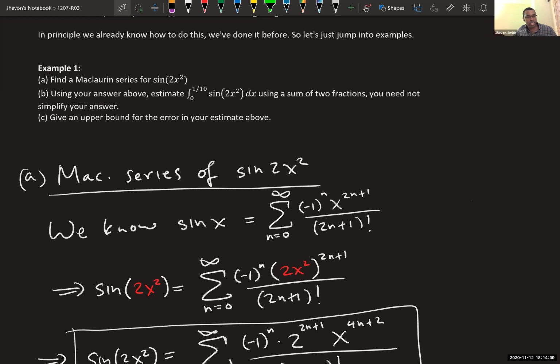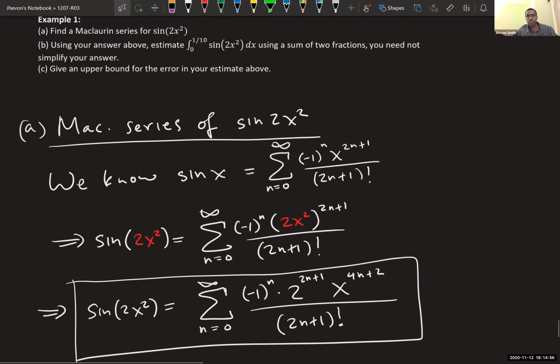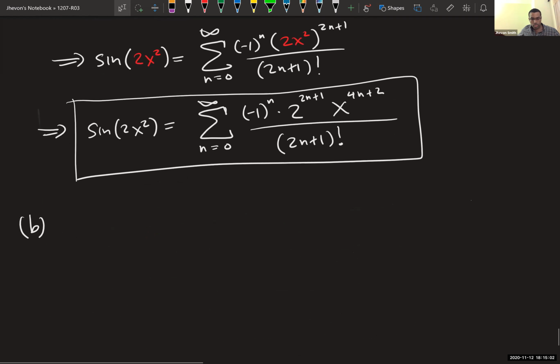However, because I know the series, I can actually compute the integral. We know that this series is absolutely convergent on the entire real line. And so I can integrate the series, I can differentiate the series; everywhere I see sine of 2x squared, I can replace it with this series. That is pretty useful when it comes to doing an integral.